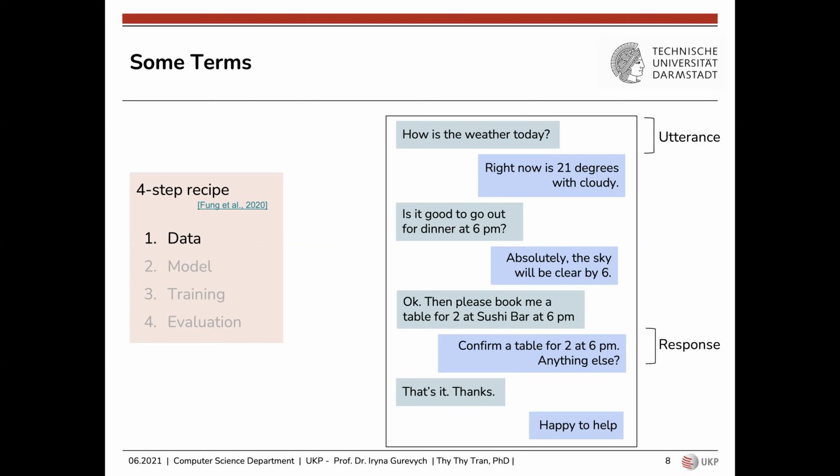We can use templates or machine learning models to generate a response. In this talk, we mainly focus on the machine learning models to generate a response. Dialogue history includes multiple user utterances and responses, which is used to track the context and the past statements.